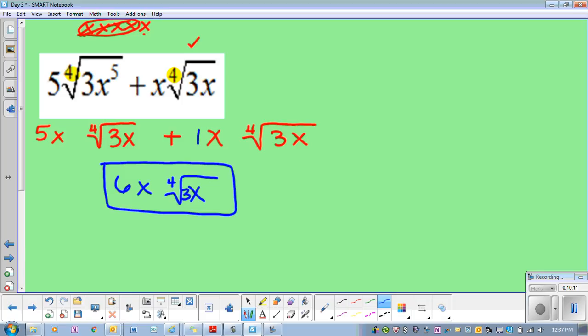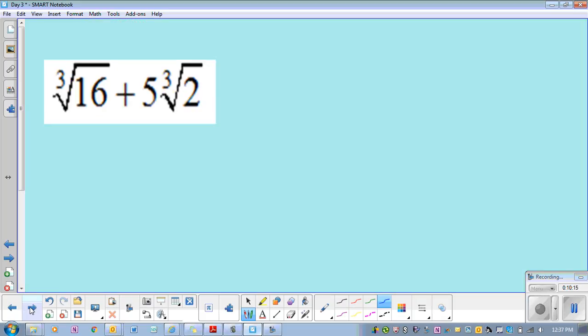All right, let's try the next one. They have the same root, but is the stuff inside the radical the same? No, but you can simplify. The 3 and the 3 are the same. Let's see which one we need to look at. Cube root of 2, well, the 2 is already a prime number, so that one's good.